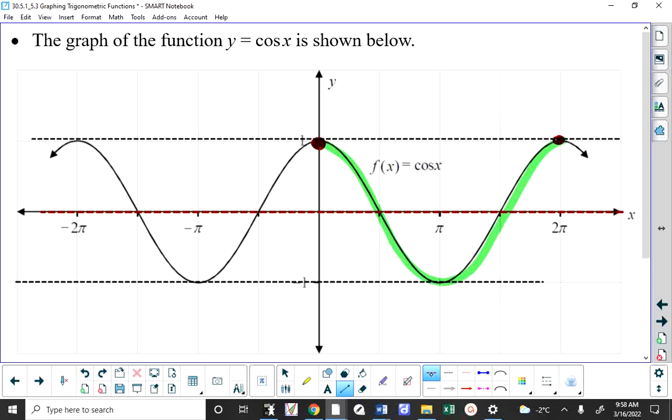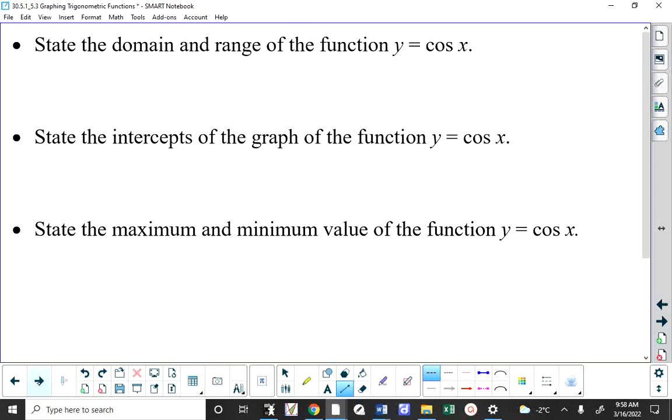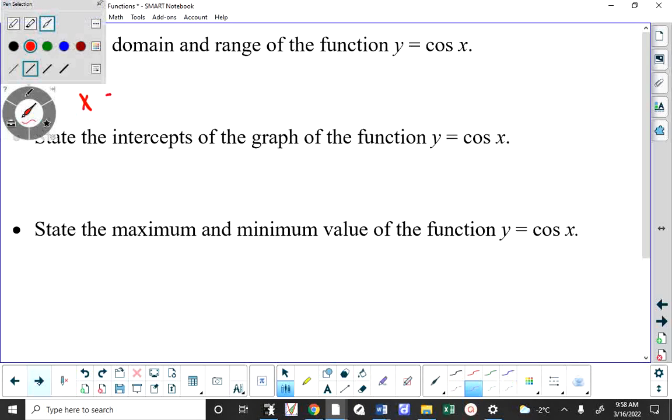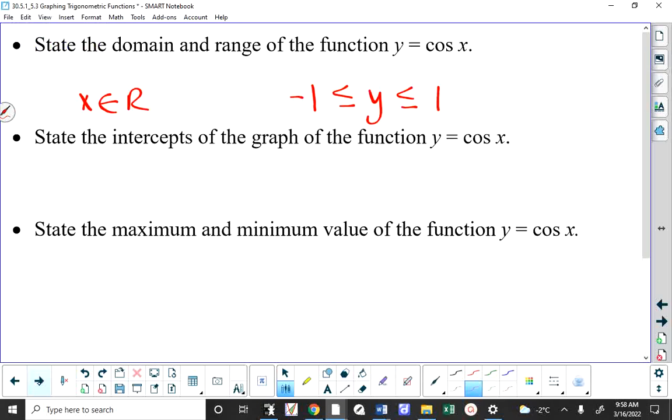The period will be the same. The only thing that's going to be different here are the intercepts. So looking at your graph, what is the domain? X is an element of any real number. What is the range? Y is between -1 and 1, including -1 and including 1.